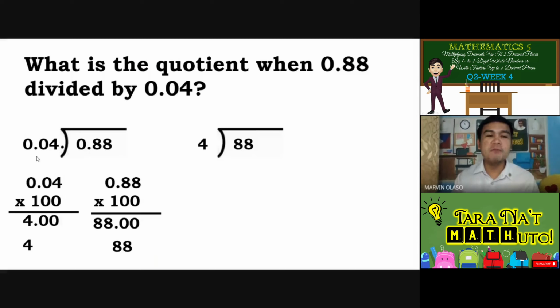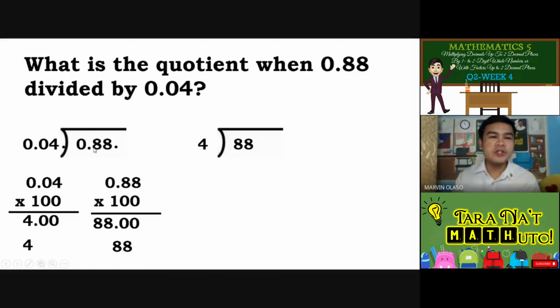So, we have 2 decimal places. Kung ilang beses ka nag-move ng decimal point, ganun din dapat sa dividend. So you have also 2 decimal places. So that's why it becomes 88 divided by 4. Okay, did you understand? Paano kung 0.4 lang yan, sir? Di 1 place lang, then 1 place lang yan.